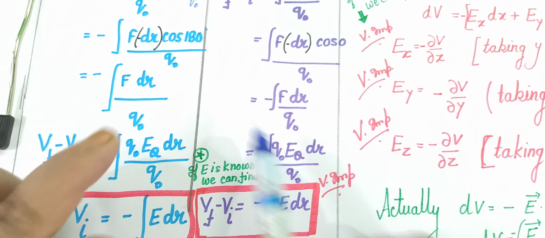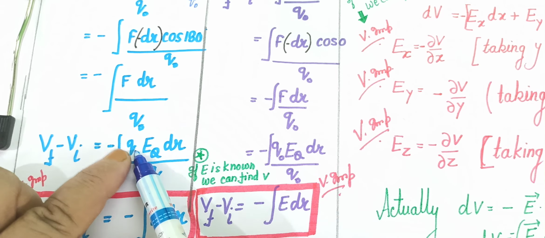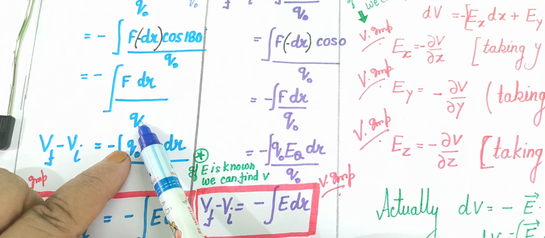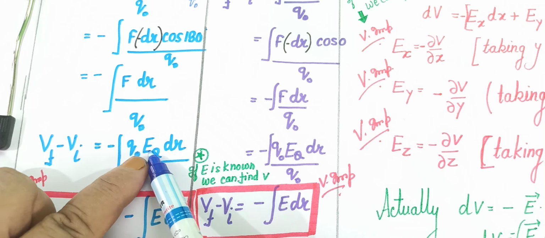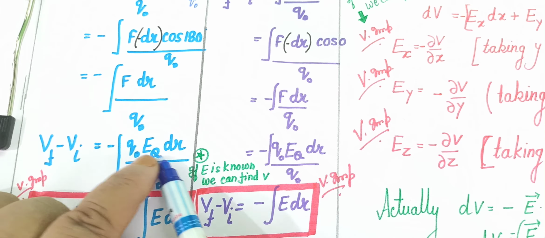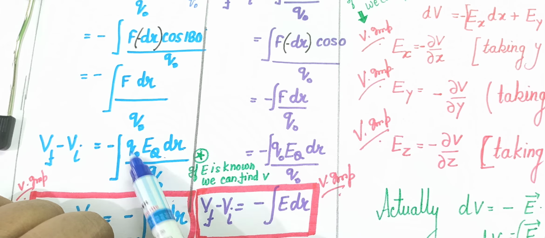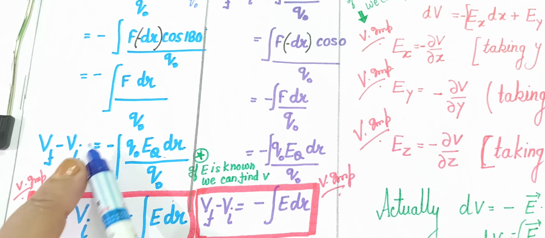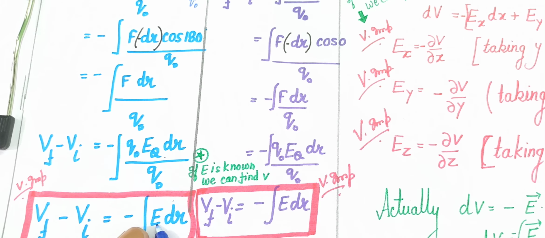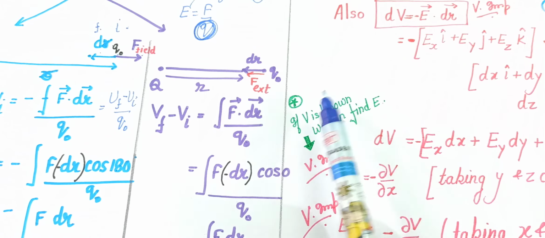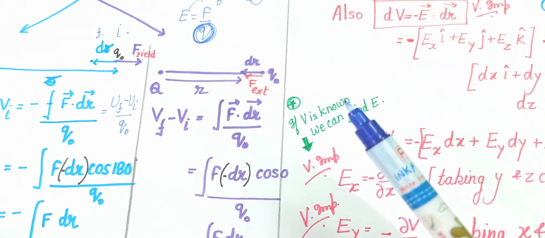So, force is charge experienced, and charge is experienced by the small q into field of Mr. Big Boss. So, Q naught into E and dr. Now, Q naught is cancelled and you are left with a beautiful formula. Potential difference is equal to minus E dr. Is it clear, beta? And if you take the work done by external agent, the same will happen, the same result.